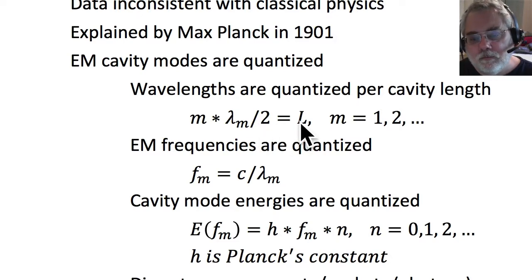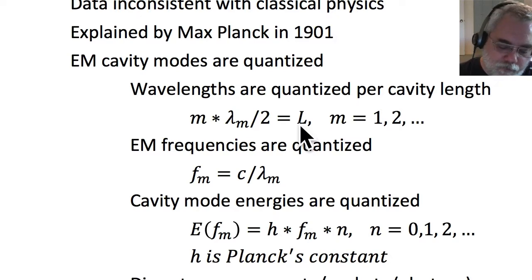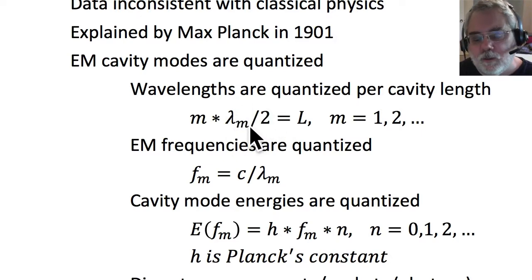But when we look at light, whose wavelengths are very small, smaller than a micron, there are going to be so many modes, because as the wavelength gets small, the number of modes gets large, and so the light spectrum is going to appear pretty continuous, but it's actually quantized.